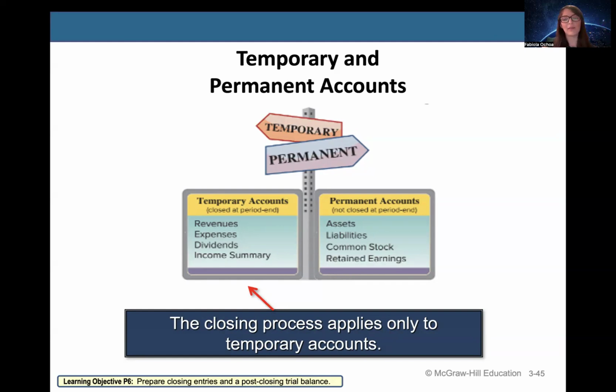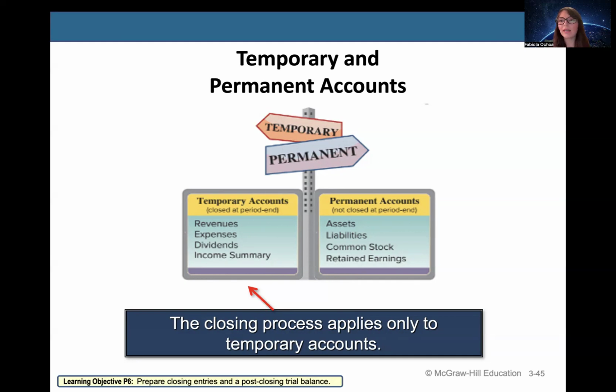So think about this. We have cash as an asset. Why wouldn't we close out cash at the end of the year? At 12:31, when you're at a New Year's Eve get-together party and it's about to strike midnight, let's say you have $10,000 in your bank account, right?